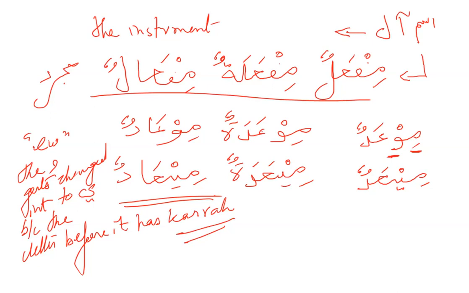So one trick to know how things change is first put the letters as is. So we did miw'adun, and then we saw what changes to make. Similarly, if you come across any other pattern, make the fa, ain, lam according to the root letters you're doing, and then see if there is some change that is appropriate to make.